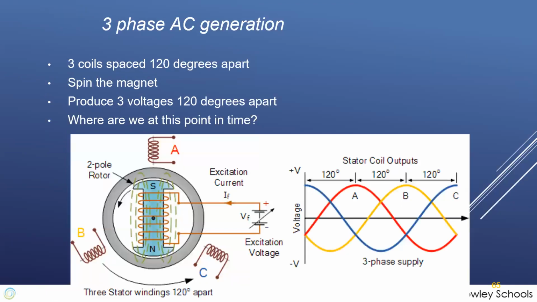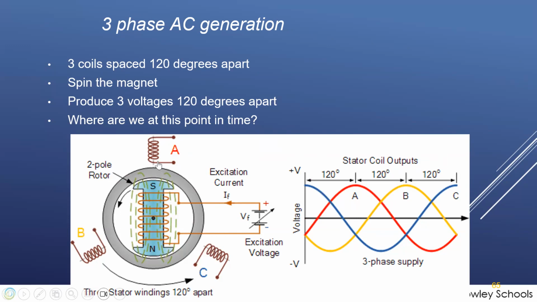In three-phase generation, we've got 3 coils spaced 120 degrees apart as they're wound into the stator of the machine. We spin our magnet, in this case counterclockwise, as north-south goes around. I'd like you to look at this drawing for a second, please, and tell me, where are we at this point in time?